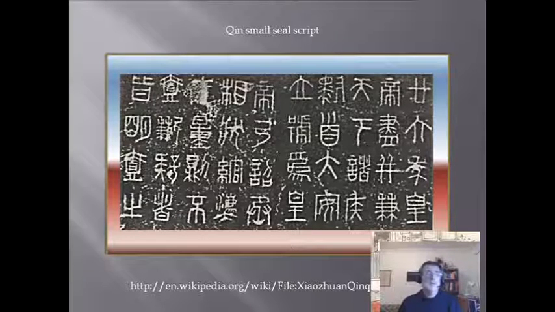So you can see an example there, and again, the characters still don't look very regular, not the way we're used to seeing them, not the way we're used to learning them. And if you look carefully at this example, you may actually see a couple of characters there that you'll recognize. I can see one that's Tian for sky, day, heaven.